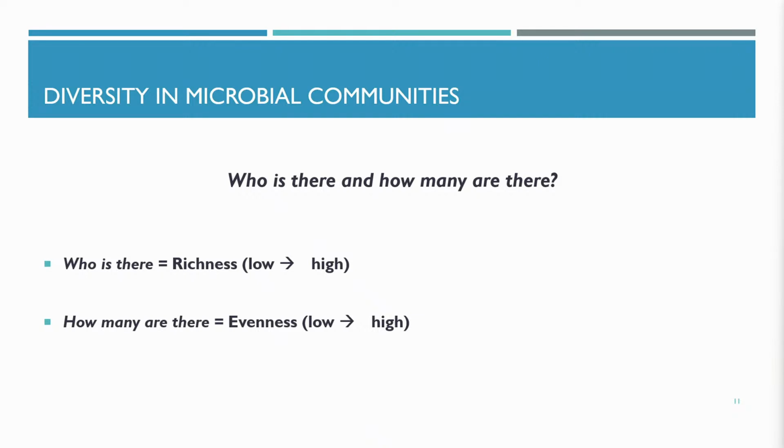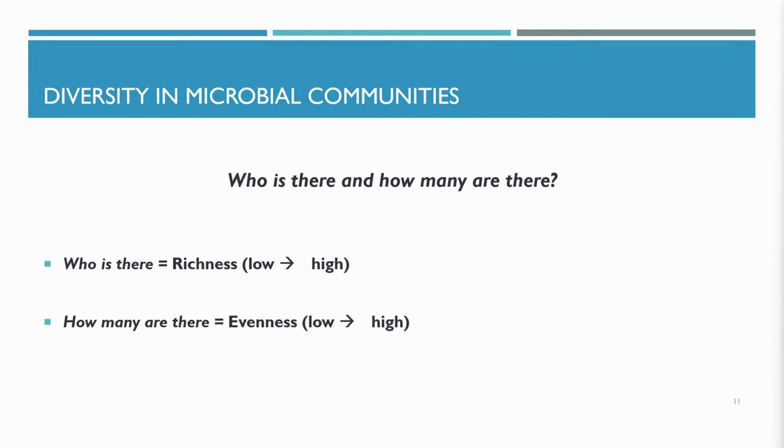And the way that we measure diversity from an ecological perspective is by asking who is there and how many are there. And that's split up into two questions. When we're asking who is there, we're measuring the richness, and richness can be low or high. When we're asking how many are there, we're measuring something called evenness, and that can also be low or high.